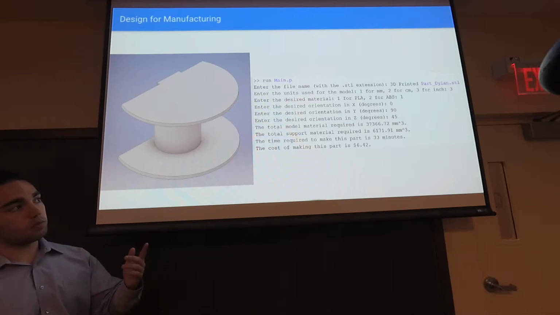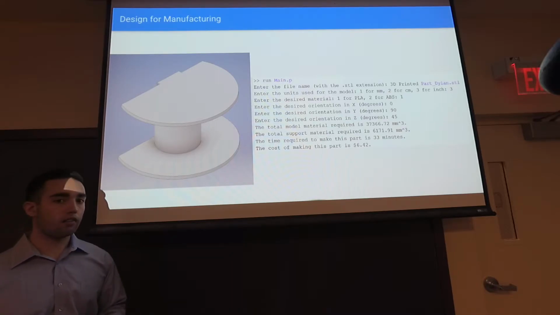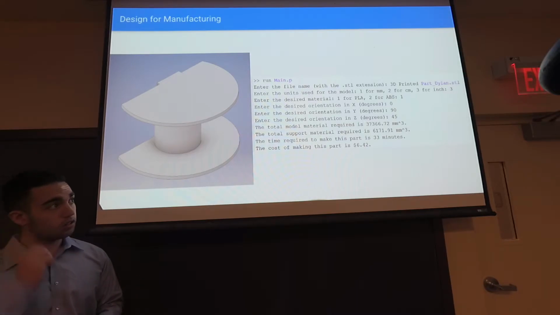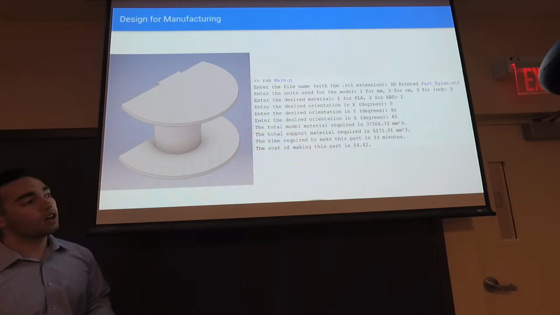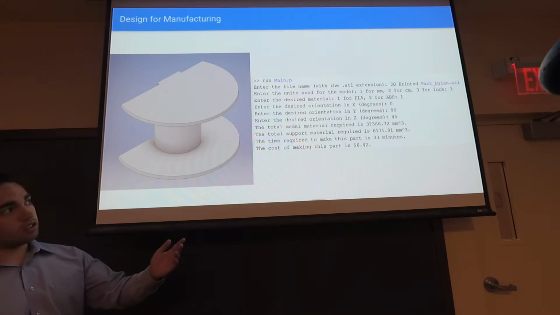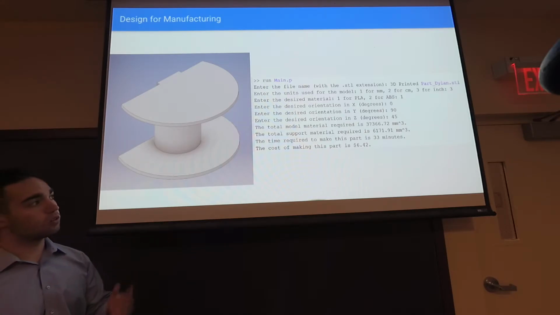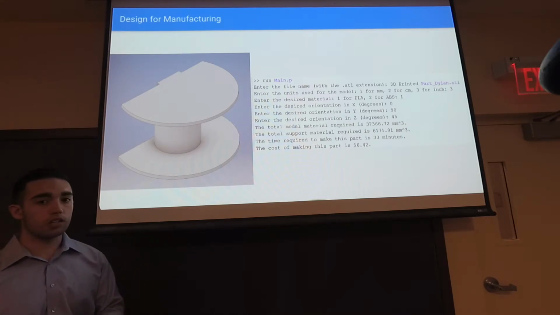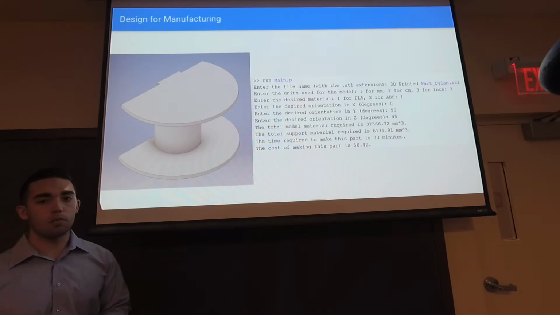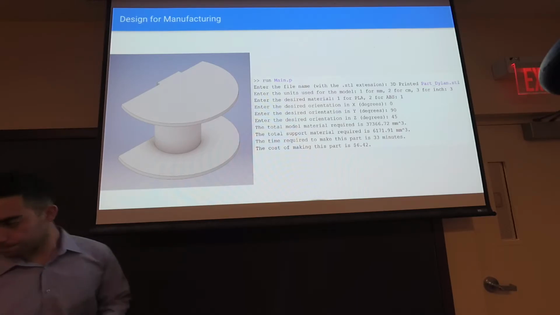And we decided that the best orientation, after considering 5 different orientations, was going to be 0 degrees, 90 degrees, and 45 degrees with respect to the X, Y, and Z axes, respectively. And you can see the total model material and total support material here were minimized compared to the other orientations that we considered. And that reflected into the time and cost being minimized as well for this part.